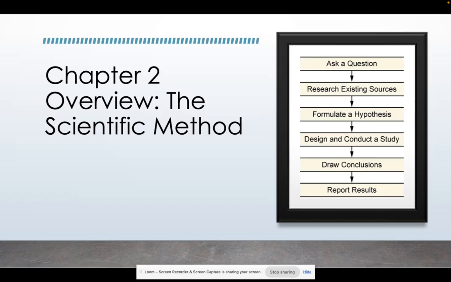Oftentimes, this involves publishing your findings, but you might also report to a government agency. For example, if you have a state or a federal grant, then that would be who you report your results to. And so this, in a lot of ways, mirrors the natural sciences as far as how we collect research, and we do follow the scientific method, but our data collection can look a little bit different.